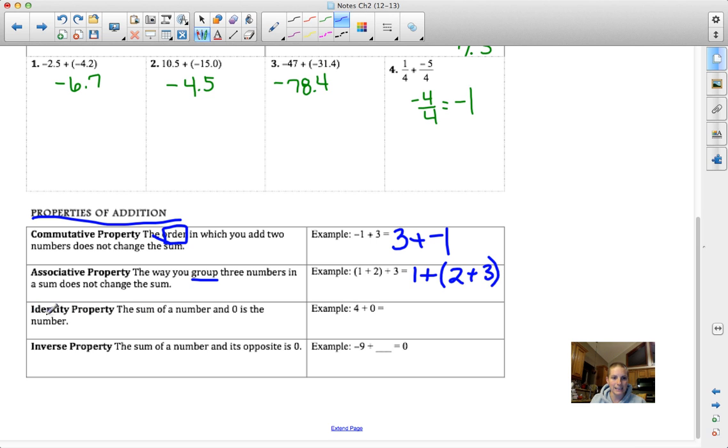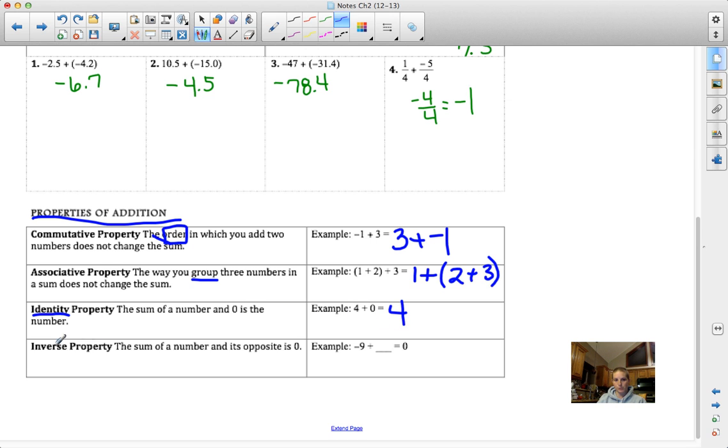This is the identity property. I like this word identity because when we see that word, we know that we're talking about staying the same. So when we talk about the identity property of addition, what do we add to something so that it stays the same? Hopefully you're looking at me going, duh, I'm going to add 0, because 4 plus 0 is equal to 4.